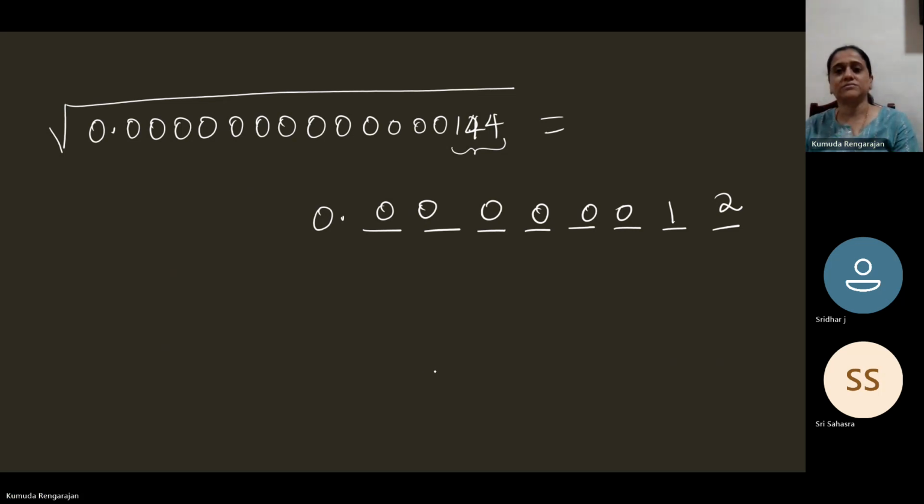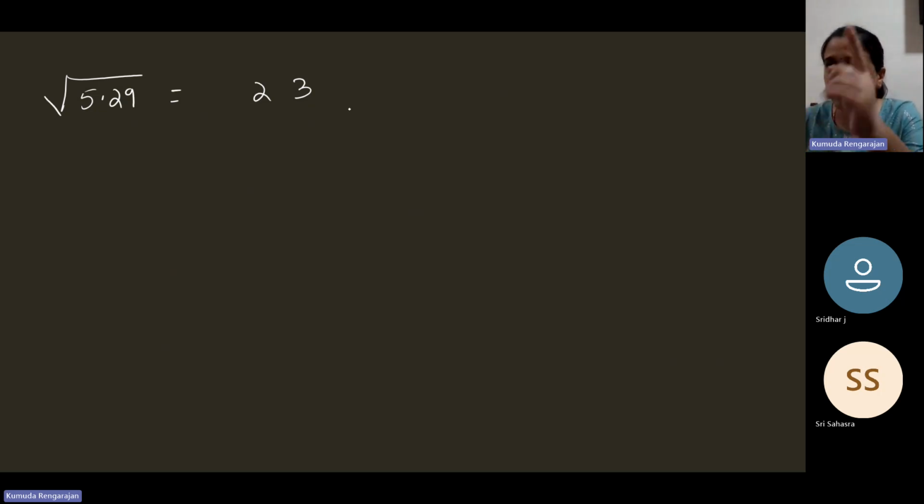Correct. In the same way, I was saying, the square root of 5.29. This is mostly an MCQ or 1 mark question. The square root of 529 is 23. When I did this chapter, I told you to memorize the squares of all the natural numbers till 50.